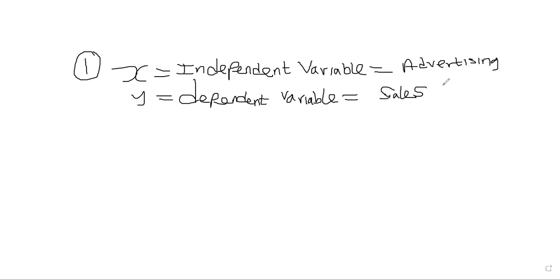Have you advertised a product for you to make a sale? Maybe you're advertising more, but the sales are still reducing. Are you spending more time advertising, but the sales are still not improving? That measures the relationship between your advertising and your sales.